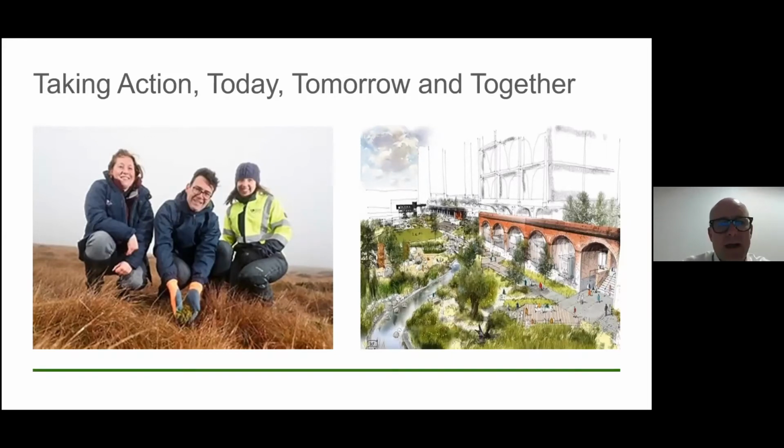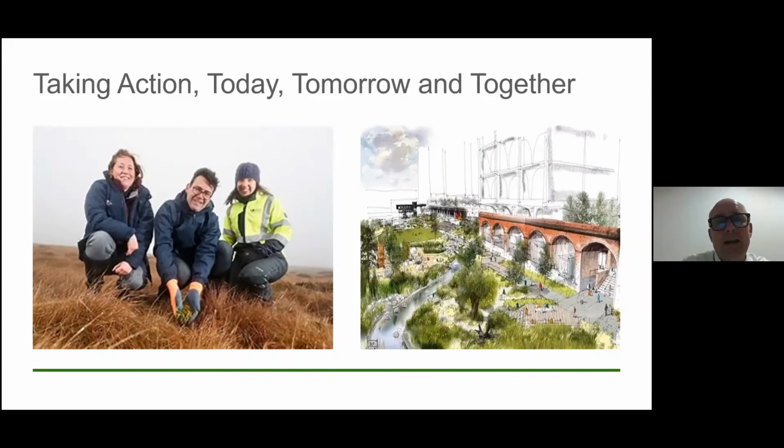Our Mayor Andy Burnham has made nature a part of his priorities, and this includes publishing the local nature recovery strategy that we've developed, and looking now to take forward a more formal statutory local nature recovery strategy, setting up a green spaces fund through the Greater Manchester Environment Fund to help communities clean up and improve their green spaces, and provide new pocket parks.